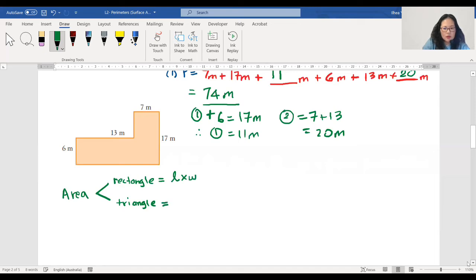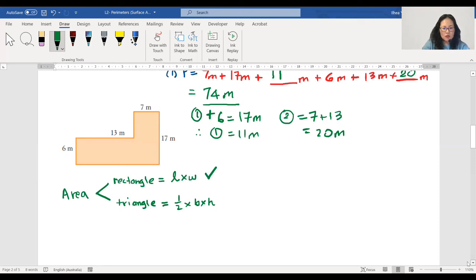And triangle was half times base times height. Now, with this composite shape, which one will be the most suitable one? Yes, rectangle formula, because I can't see we can make any triangles with this composite shape.